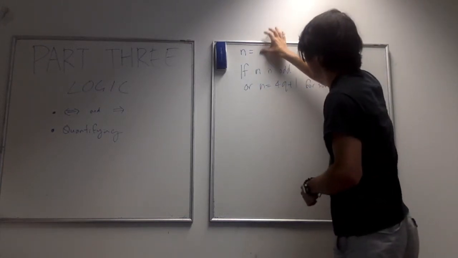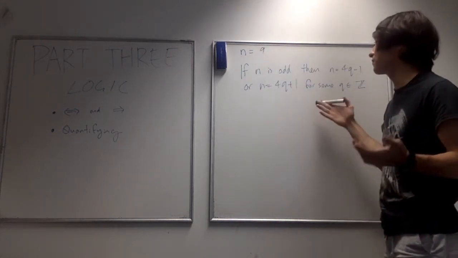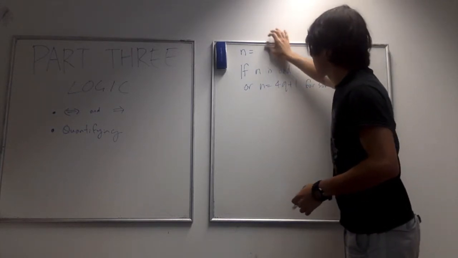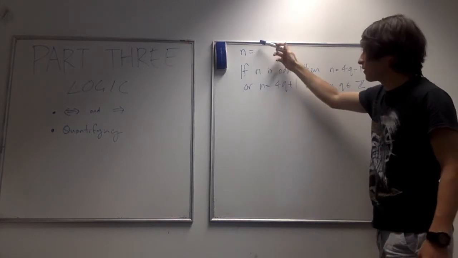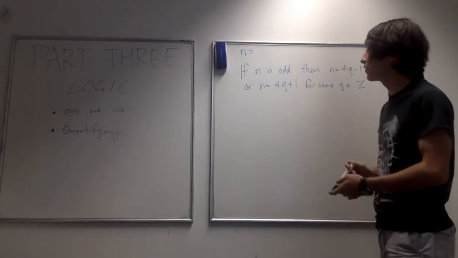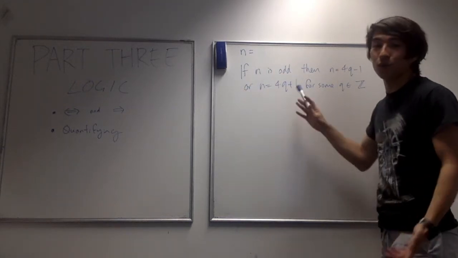On the other hand, if n equals 9, maybe it is false, I don't know. If you have a completely different statement, then by setting n equal to different things, the truth of the implication can change, right? So there's nothing here that tells you that it's for all n in the integers.